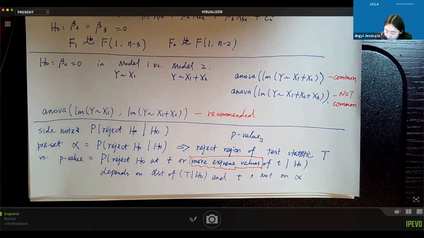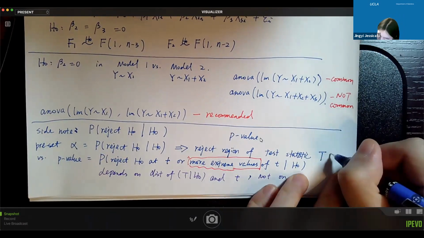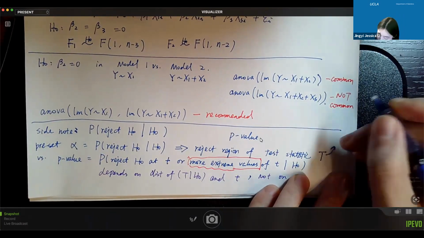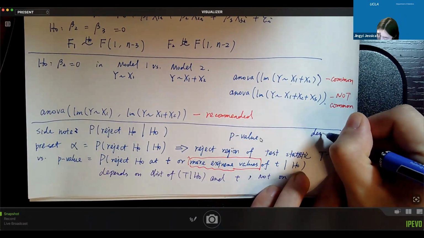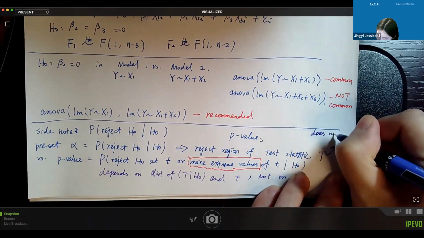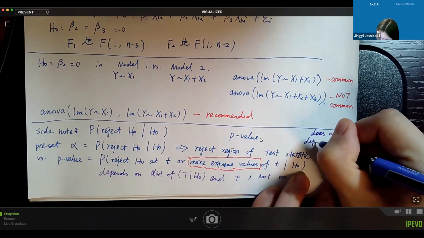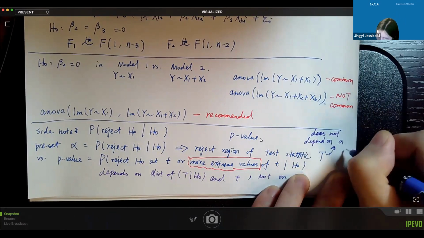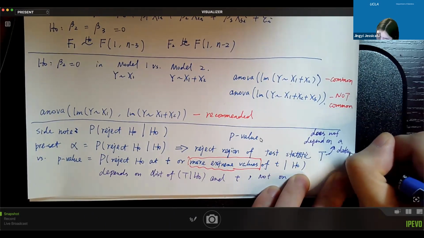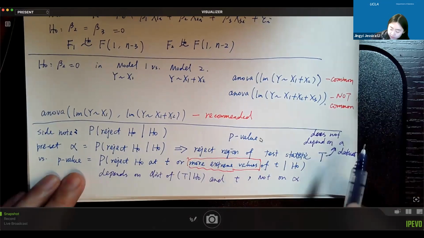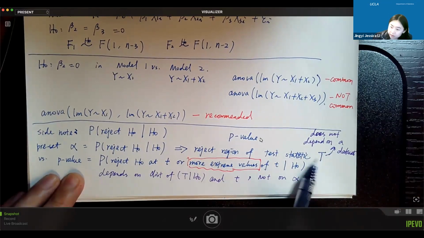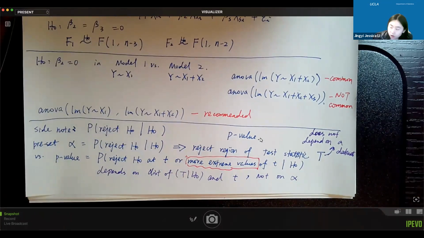And this alpha, maybe I'll write it here, this alpha does not depend on a data set. So when you talk about significance level, you are talking about this procedure in general. It has nothing to do with one particular data set or one particular decision. So hopefully this makes more sense now.